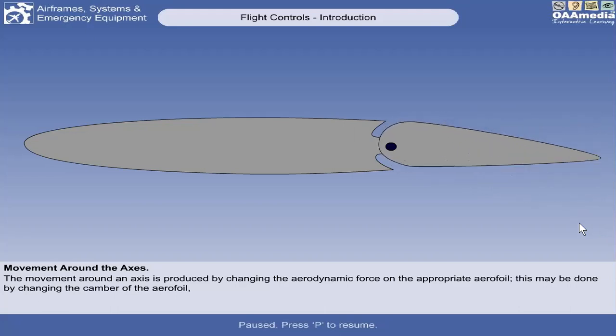Actually, the airfoil is not only used on the wing. The airfoil is also used on horizontal stabilizers and in the vertical stabilizers.